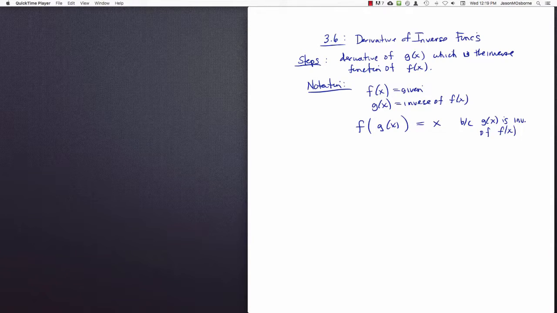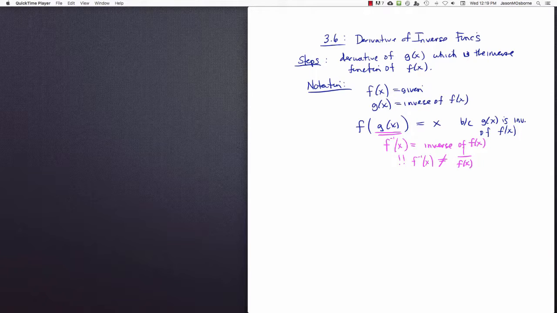There's a common notation used for the inverse. Rather than inventing a new notation, say g for the inverse, the notation for the inverse function is the function f with a little -1 on it. You should be careful here that f with that little -1 does not mean 1 over f of x.